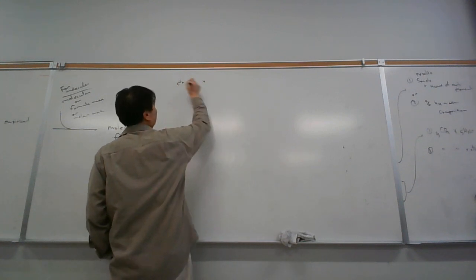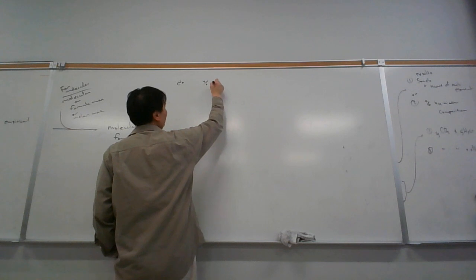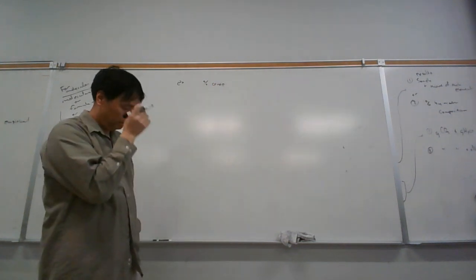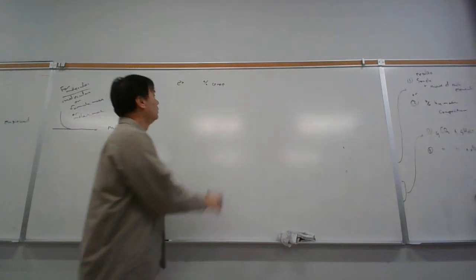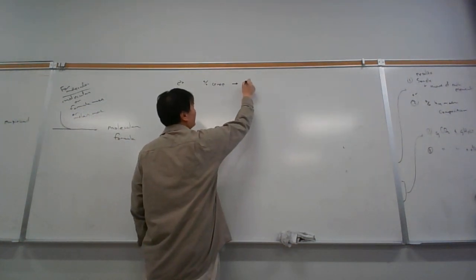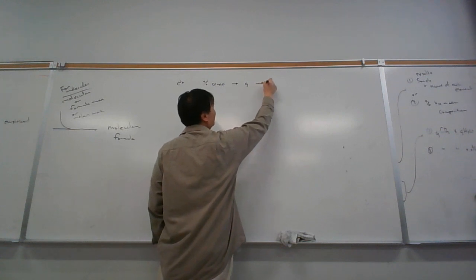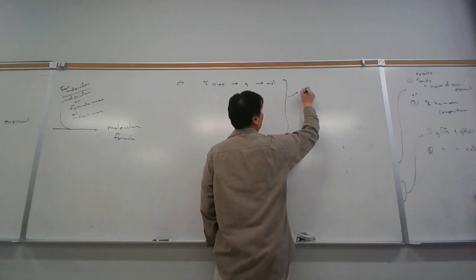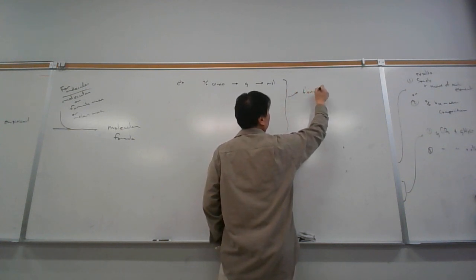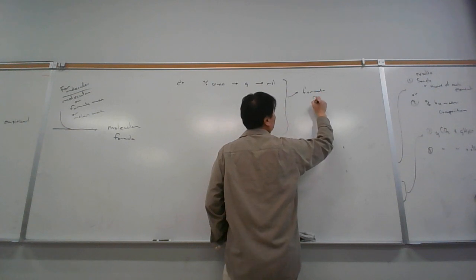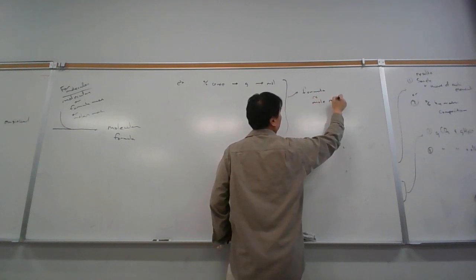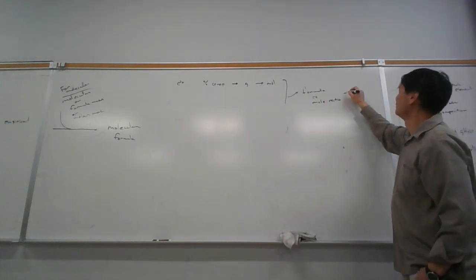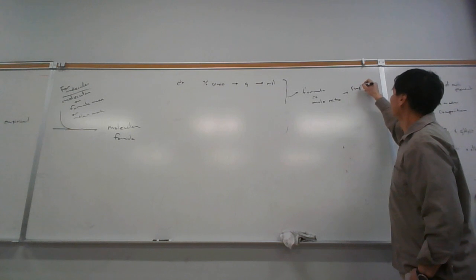Okay, so examples of this would be going from percent composition to grams, then from grams to moles, and then the formula is the mole ratio. And so from here we get the simplest whole number ratio.